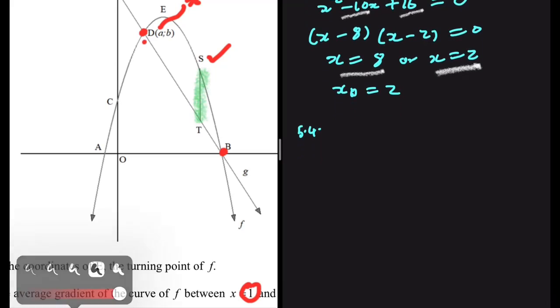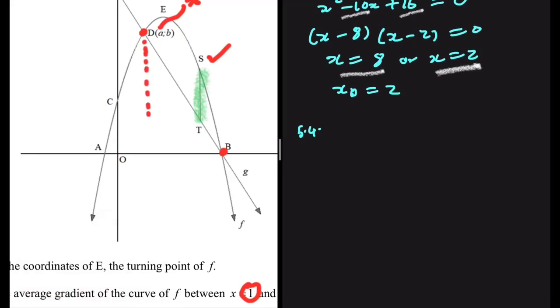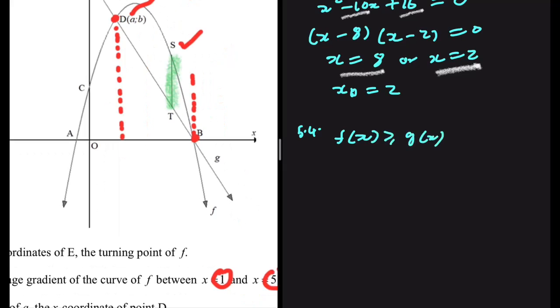We're looking for ST. We solved a very similar question not long ago, but let's just go ahead and solve this one. In this interval where x is between a and 8, the graph of f of x is greater or equal to g of x. If we want to find the length of that distance ST, it is just a matter of saying that the distance is equal to f of x minus g of x. So what is f of x again?